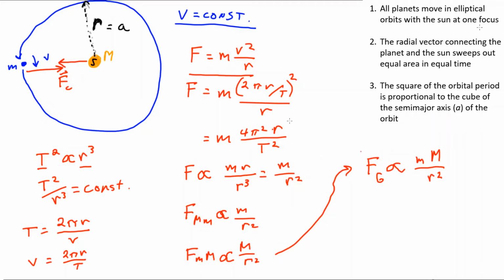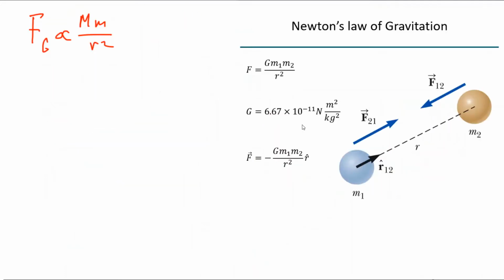And this is actually the correct form of the universal law of gravitation. The gravitational force between any two masses is proportional to the product of the masses divided by the distance between the masses squared. The only thing that's missing from our formula for the gravitational force is the constant of proportionality.